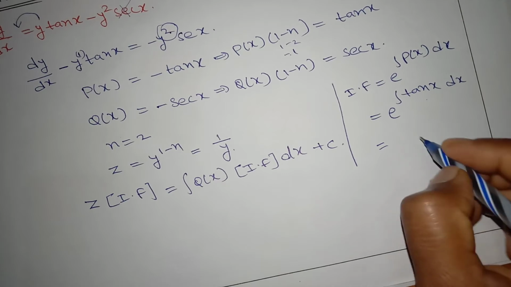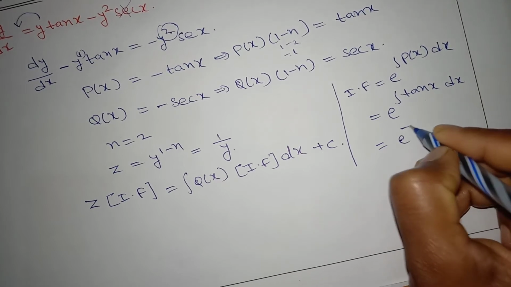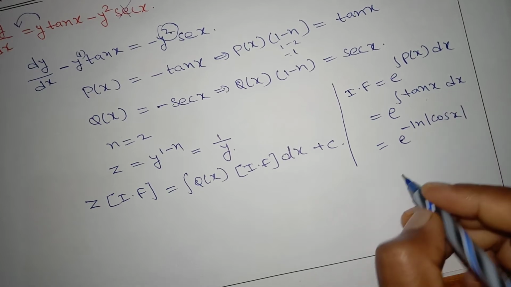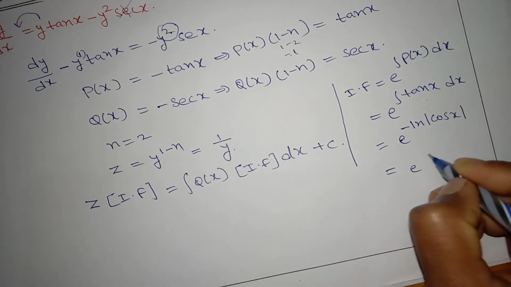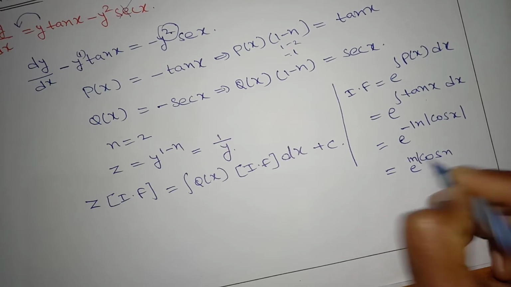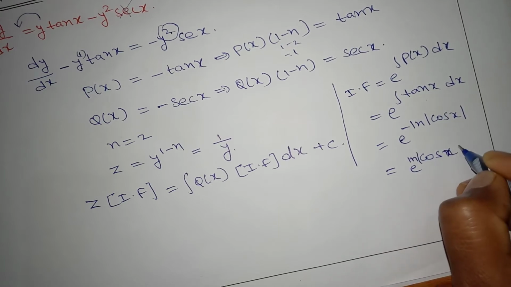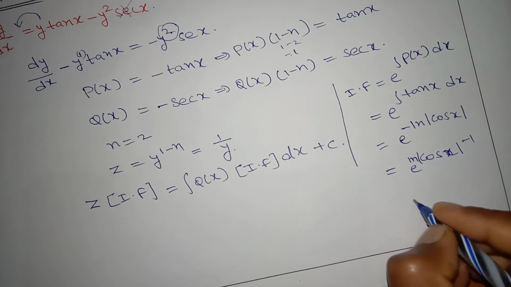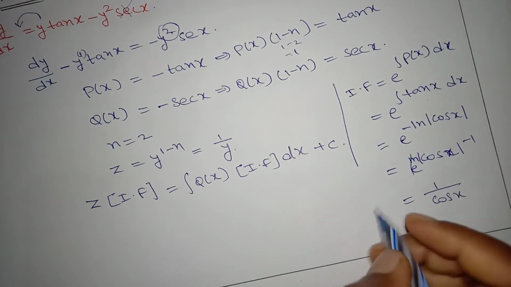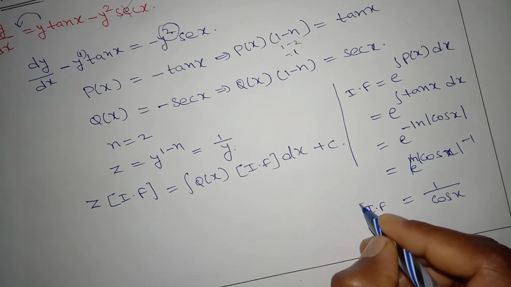Integration of tan x will be e power minus log of mod cos x. This will be equal to e power log of cos x whole inverse. This will be equal to 1 by cos x. Integrating factor is 1 by cos x.